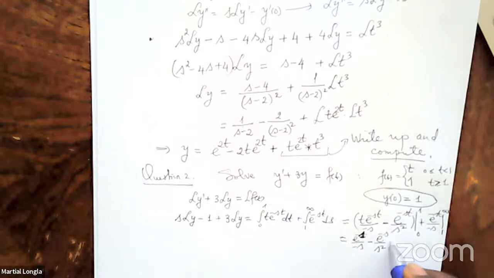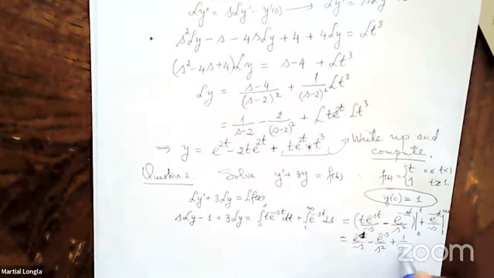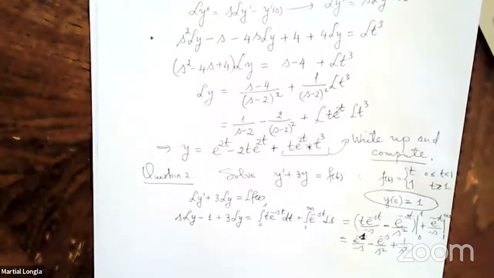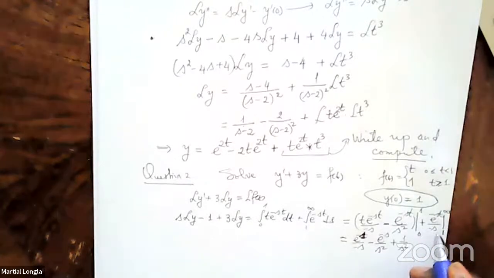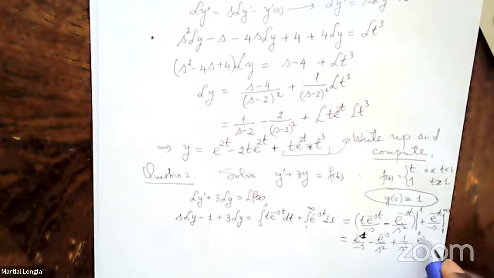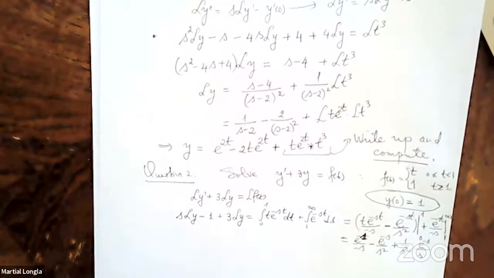Is that correct? And then when you plug in 1 here, you get e to negative s over s. Is this true?